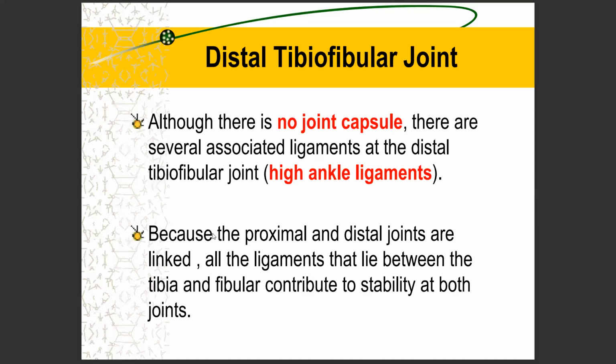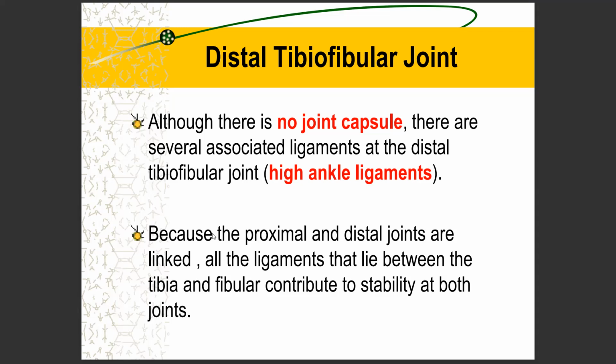Although there is no joint capsule, there are several associated ligaments at the distal tibiofibular joint, and these ligaments are combinedly known as the high ankle ligaments. And when there is a sprain of these ligaments, the medical term is high ankle sprain. So there are two separate terms.